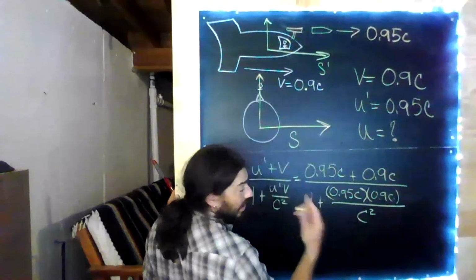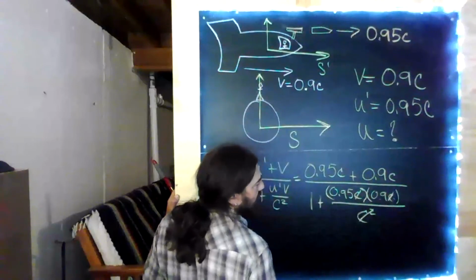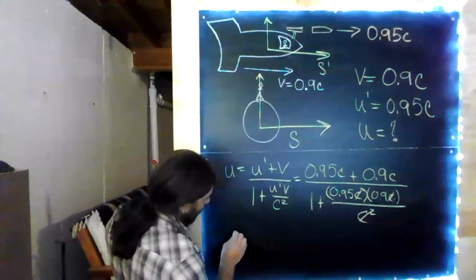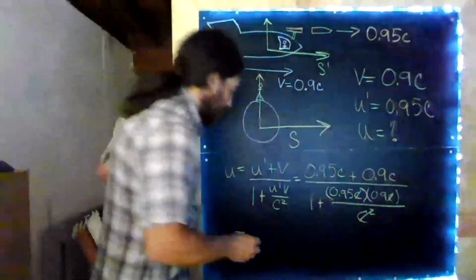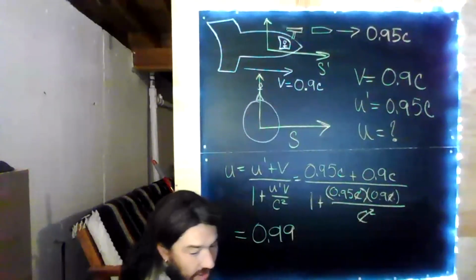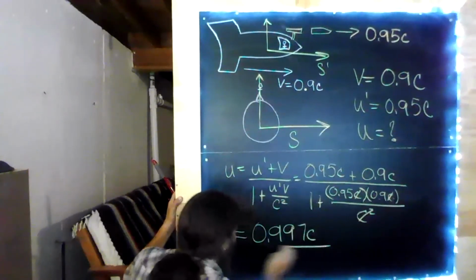And again, notice in the denominator here, our c's cancel, so we don't have to run our calculator for that. I'm going to have to run my calculator for the rest of this, though. I definitely can't do that in my head. When I do that, I get 0.997 c.